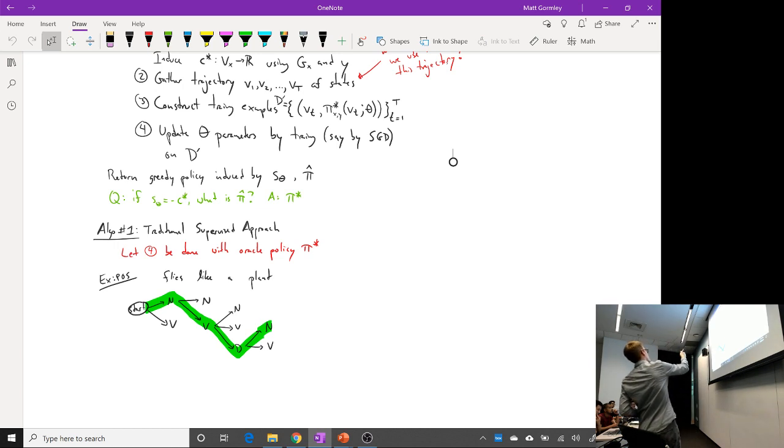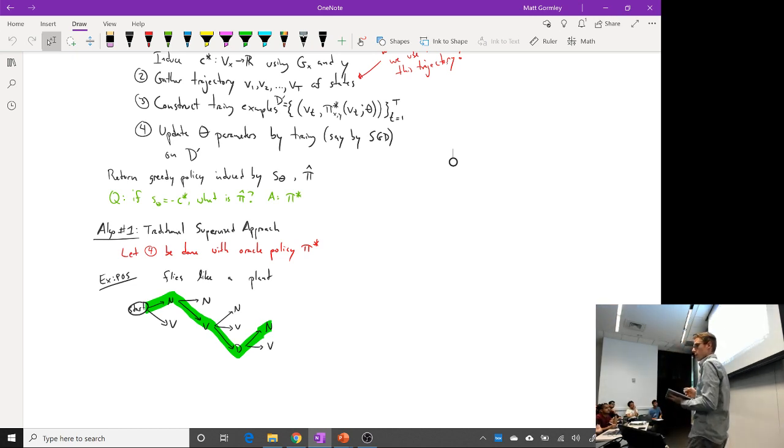So according to the meta algorithm, we've just collected a trajectory, right? From start to noun to verb to determiner to noun. And the question is, what do our training examples look like for this case?